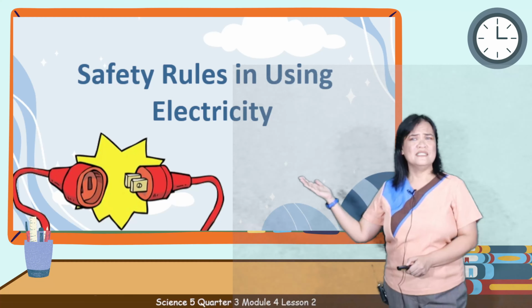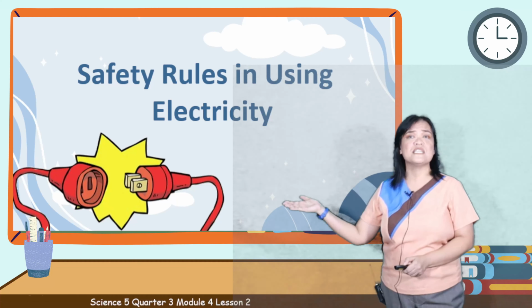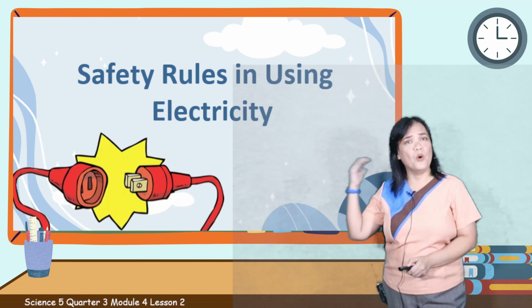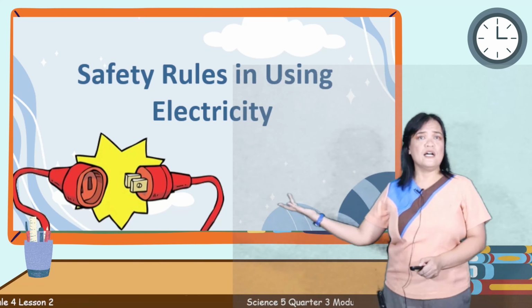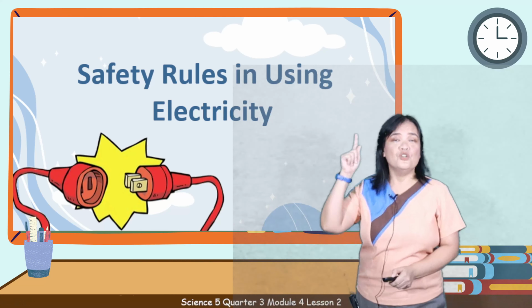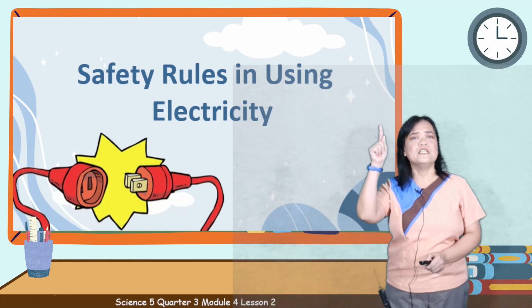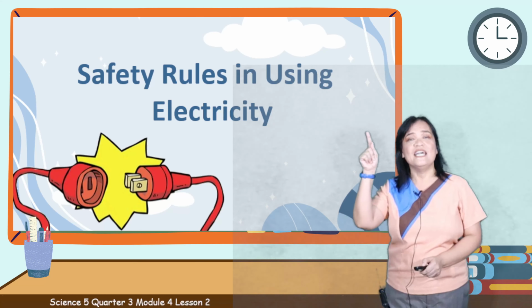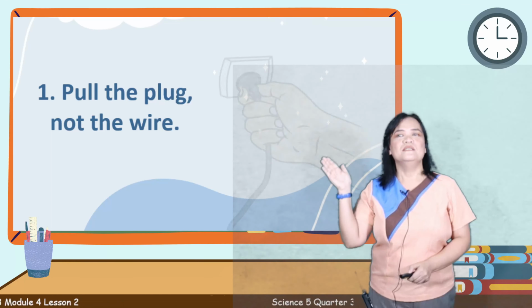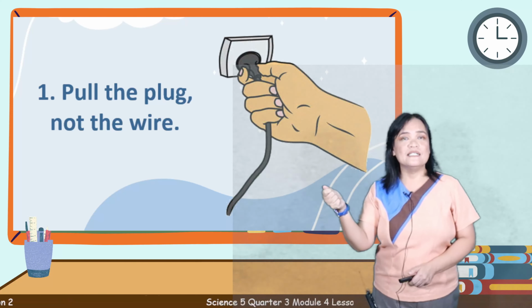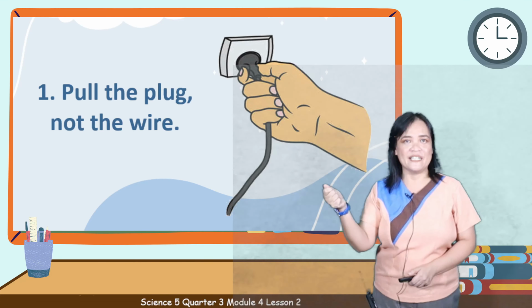So, safety rules in using electricity to avoid short circuits, electric shock, even death. You must follow the safety rules in using electricity. So, number 1 rule: pull the plug, not the wire, okay?